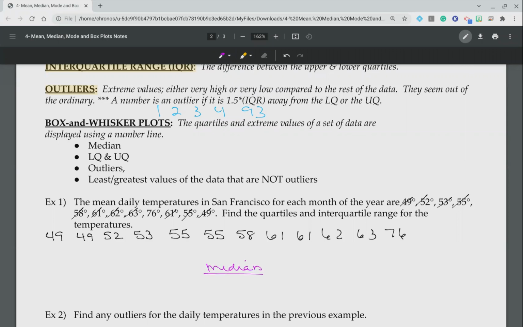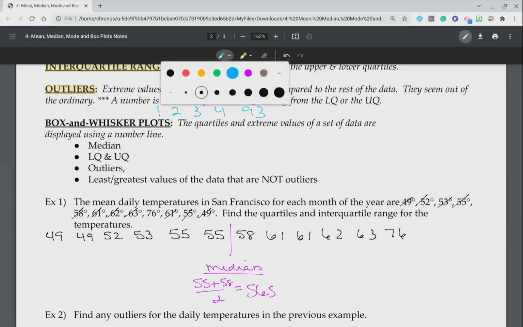I already have my data in order, so I'm going to do it how I usually do it, but I'm not going to actually cross off the numbers this time, just because I'm going to need these numbers for later. Okay, so when I get to the middle, I have a tie. So remember when that happens, I just take the average of these two numbers. And my median is going to be 56.5. So my median is right here.